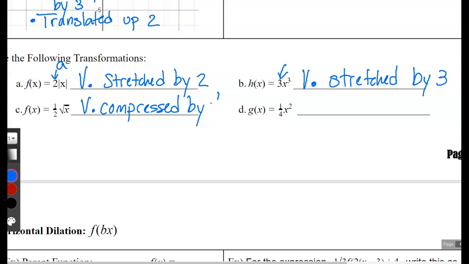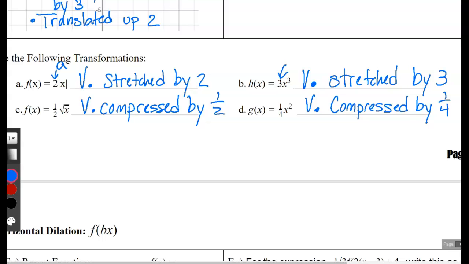And it's by 1/2. Part D, what's our first word, Aiden D? Yes. Ooh, you even gave me the next word. Yes, compressed. You want to just finish it up, Aiden? Yes.